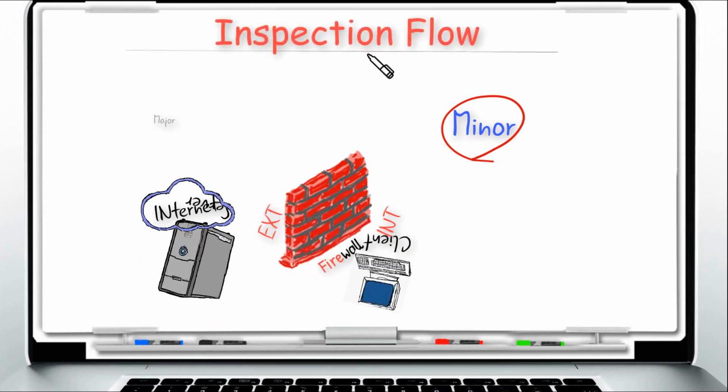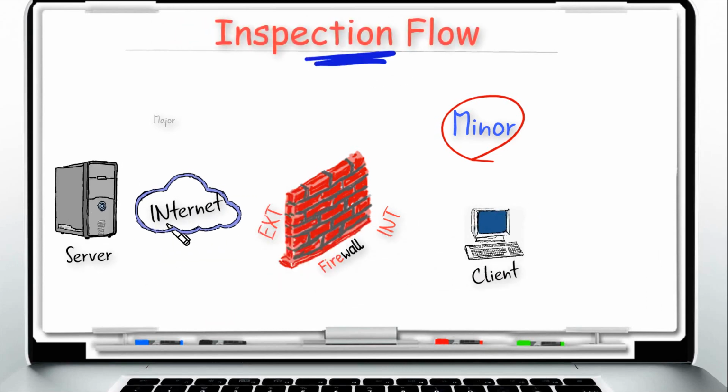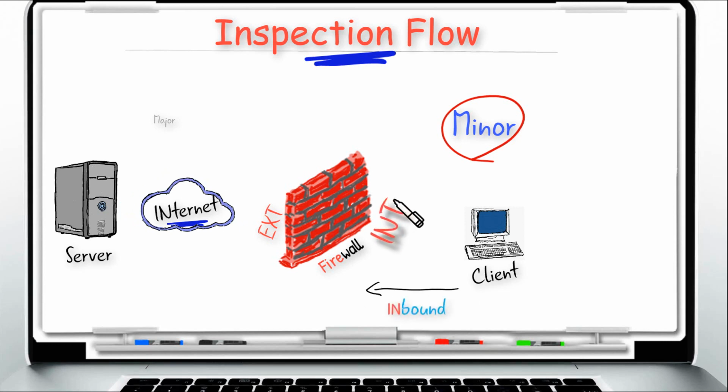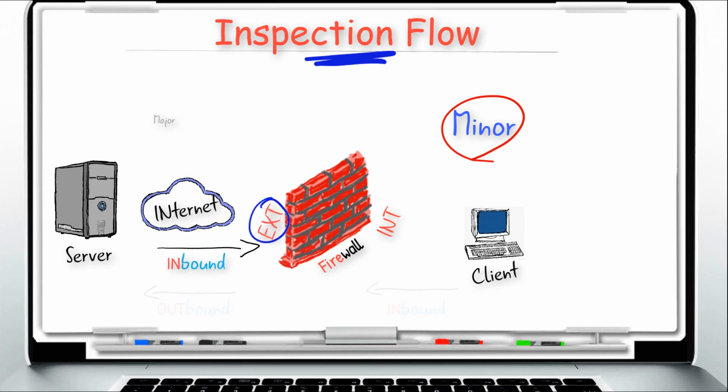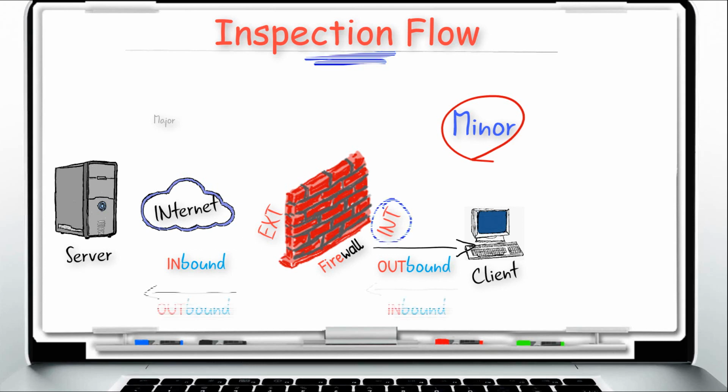And so if the client is on the internal network and the server is on the internet, then when the client sends a packet to the server, this is the internal interface, the inbound interface. And then we have the outbound interface on the external network. And so when the server replies back to the client, this is now the inbound interface, which is on the external network, and this is now the outbound interface, which is now on the internal network, the internal interface, correct?